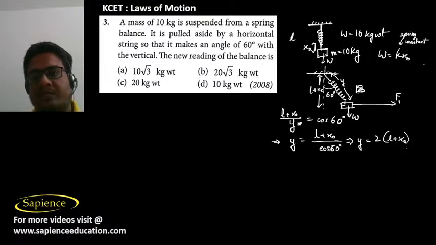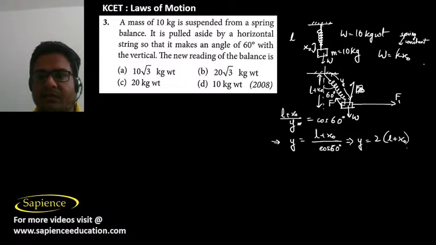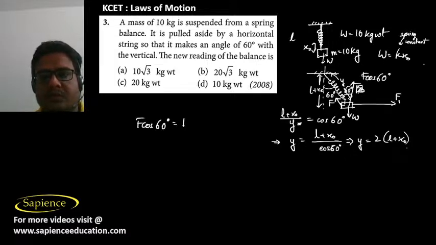So I can say that the spring force, if that is F, then F cos 60 is equal to W. This is 60, then this is also 60. Therefore F cos 60 equals the weight W, which is 10 kg weight.